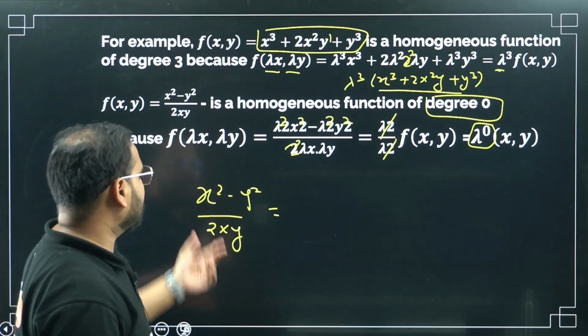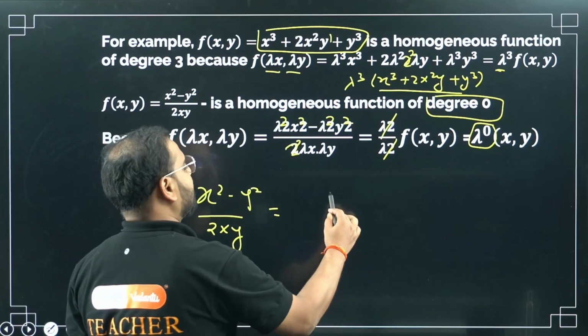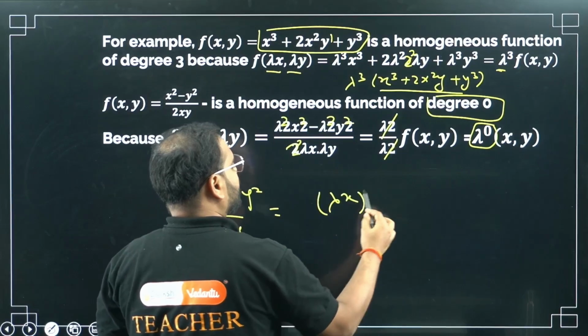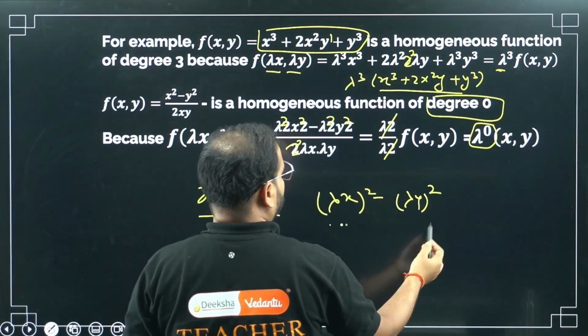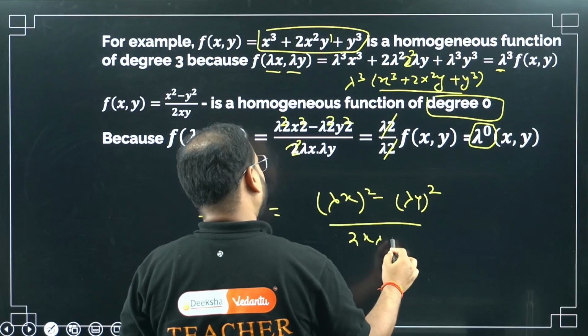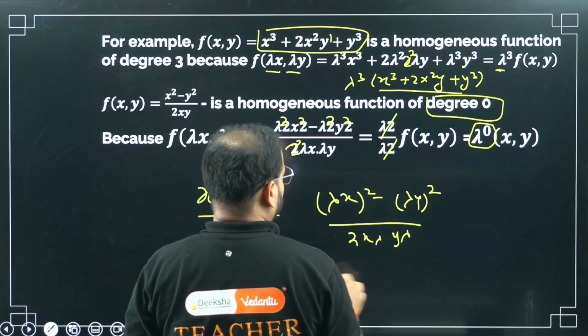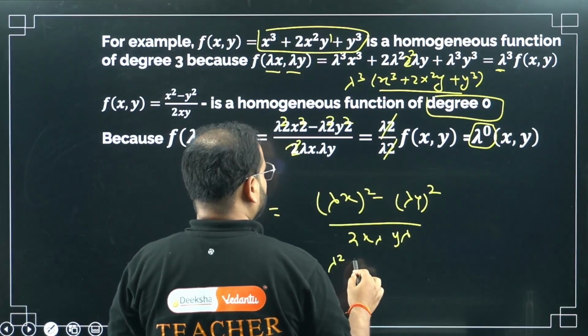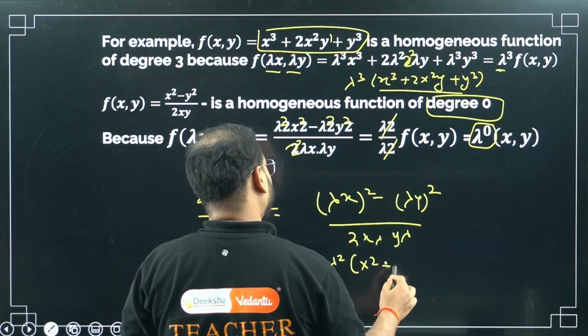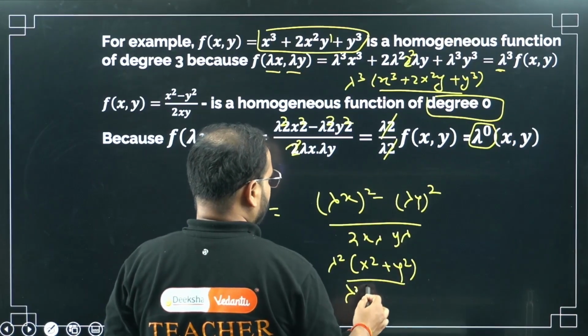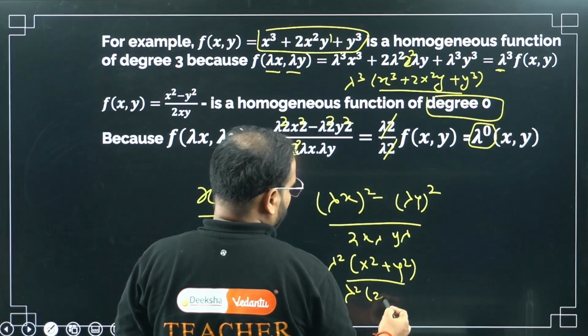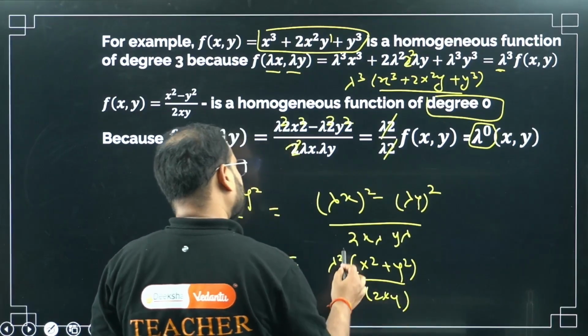If you want, put x and y as lambda x and lambda y. So lambda x the whole square minus lambda y the whole square, upon 2 times lambda x times lambda y. Lambda square times x square minus y square is common in the numerator, and over here also I have lambda square times 2xy. I can cancel these. What do I get?